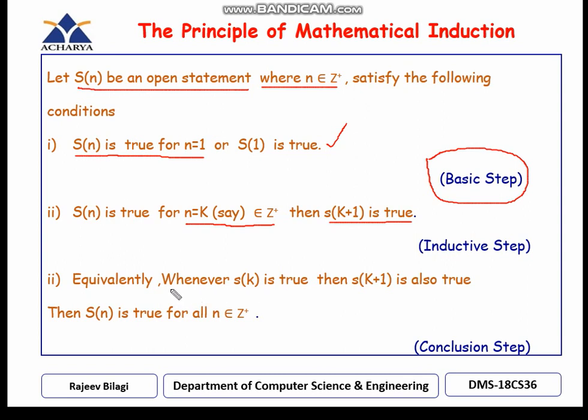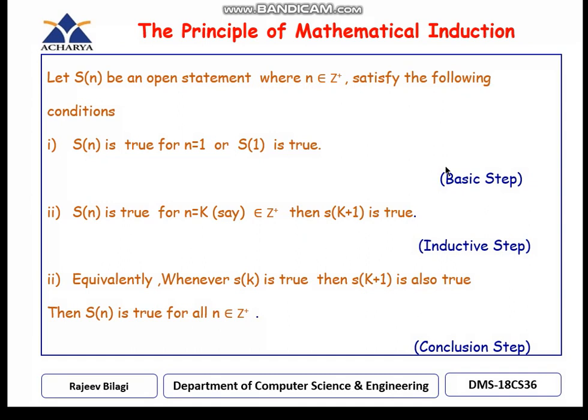That is step number 3. Whenever S of k is true, then S of k plus 1 is also true. This is the third step, which is called the conclusion step. So the principle of mathematical induction works with these three steps.